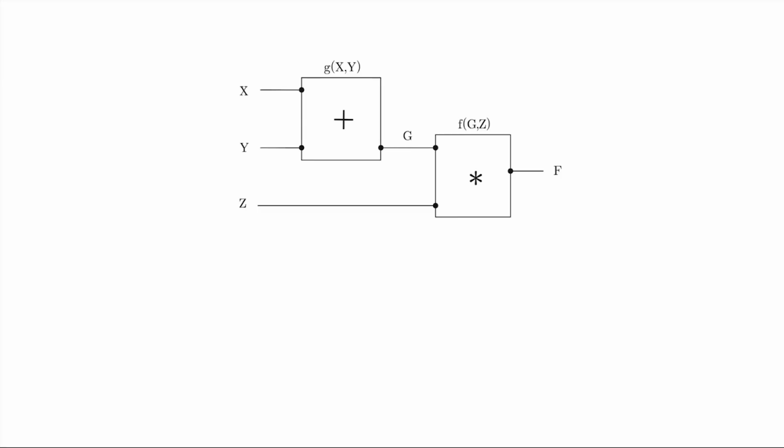As an exercise, let's try to think what kind of partial derivatives we need to compute in this case. What we know is that we have three inputs, x, y, and z, and we have only one output, which is f. All the values in between serve both purposes. For example, g is the output of one of these functions and also the input for the next one.